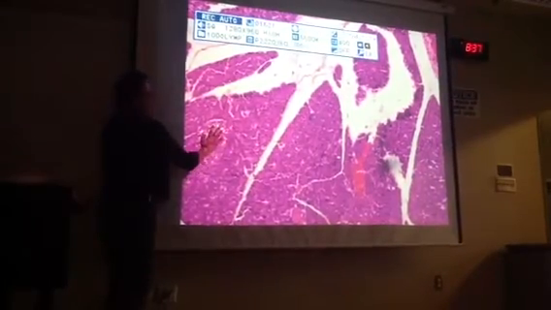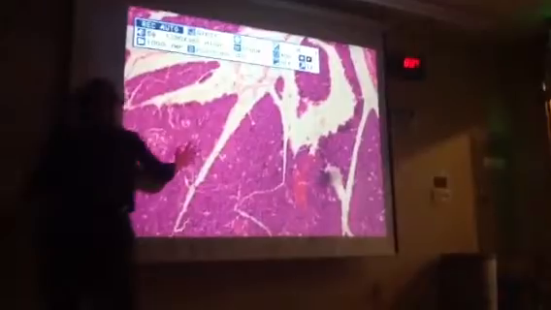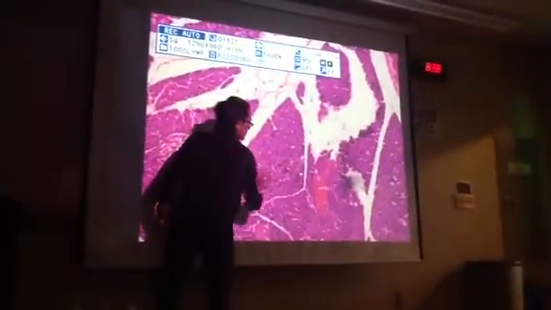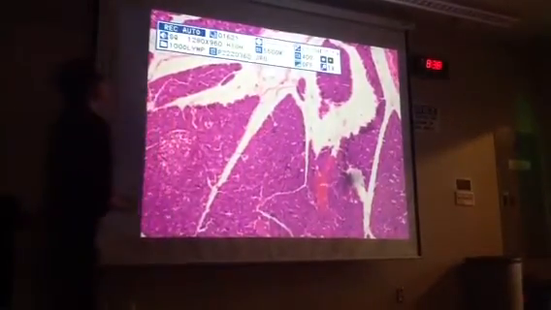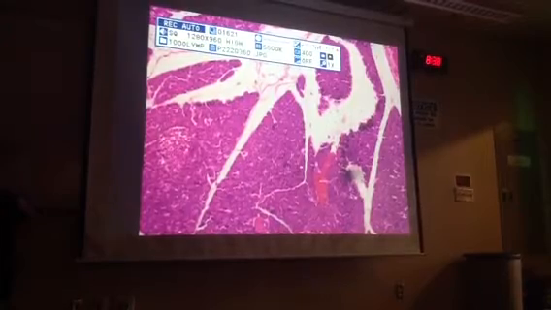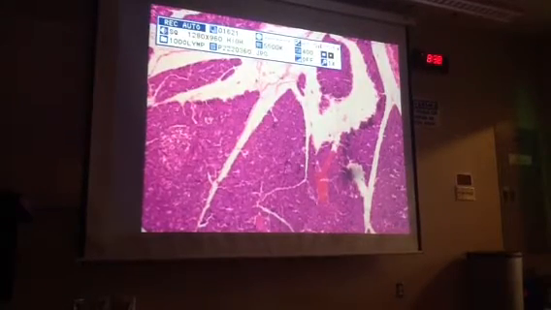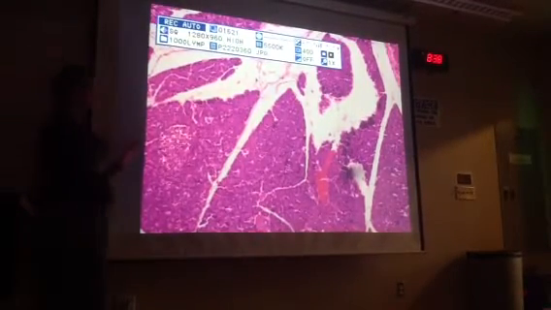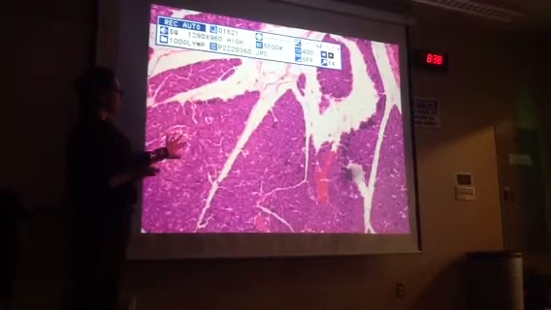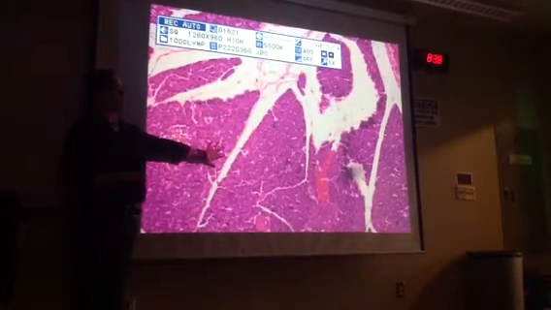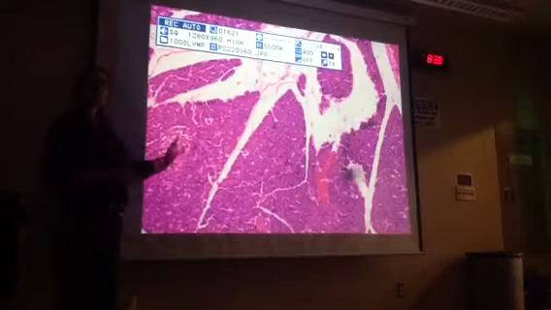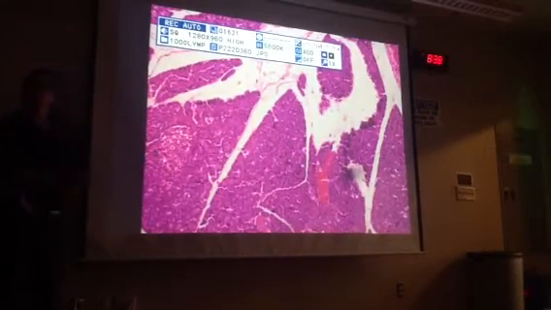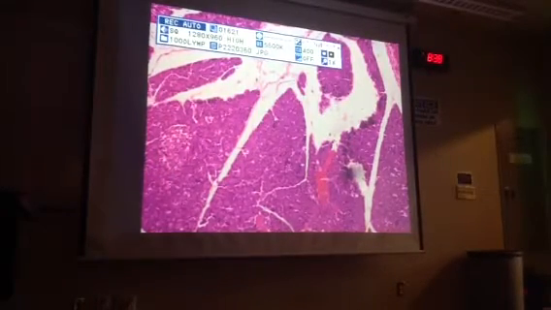So this would be the islet that we were just looking at. Out here would be your acinar or your acini cells. Going up higher in magnification, you're going to start to have a hard time seeing the difference between islets and the acinar cells. So 4x, 10x would be the best to see that difference.